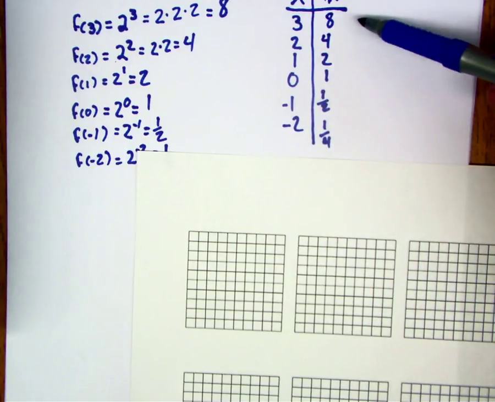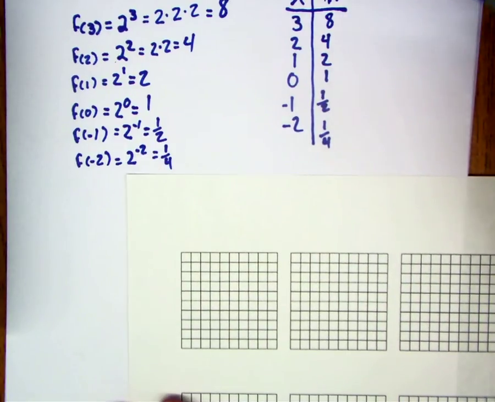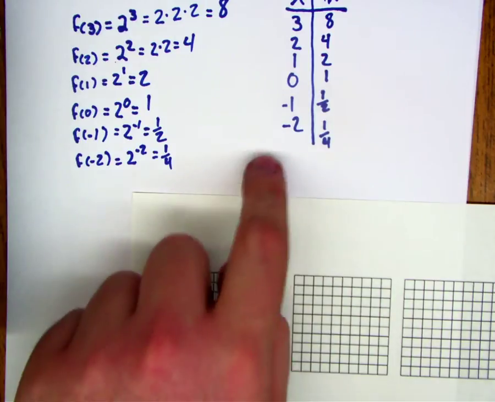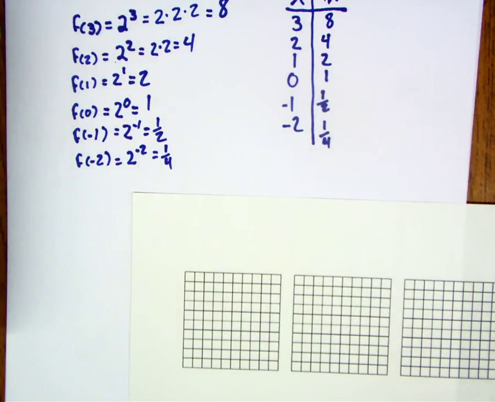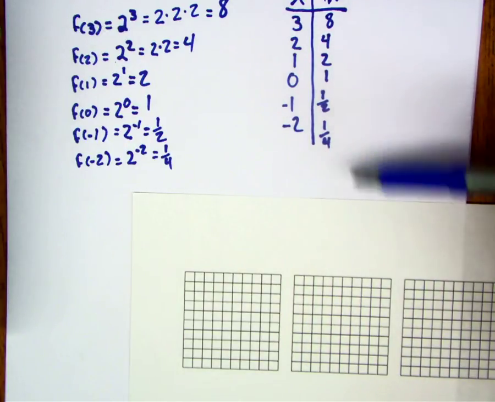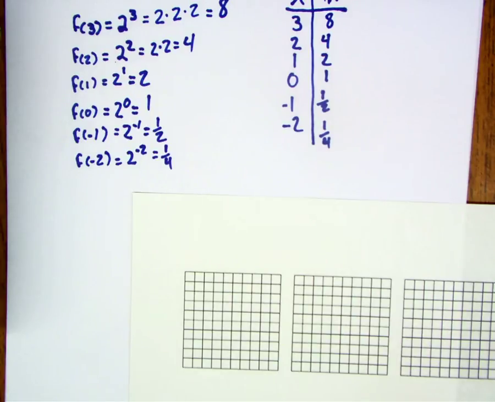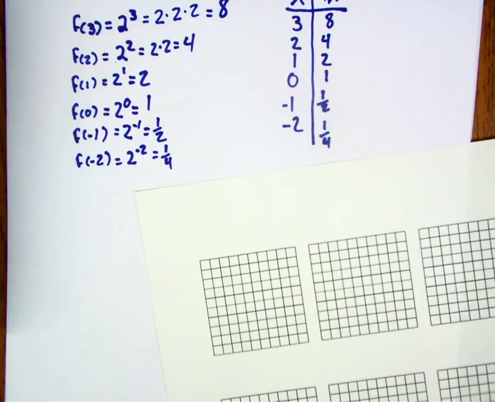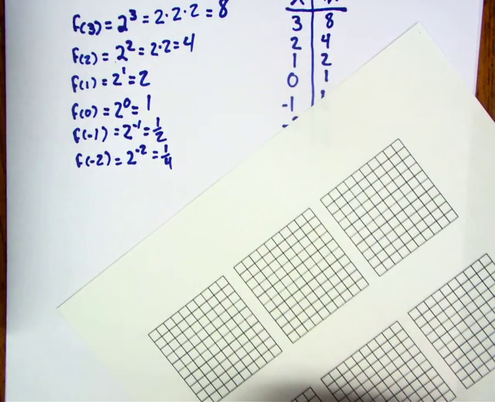In looking at my data, if I were to continue putting in extra values, I would notice that I'm never actually going to get a value that's less than 0 for my f of x. As I keep going down the line on f of x, it's just going to get closer and closer to 0. I'm never actually going to get there. And so I'll be explaining that a little bit further as we go on.